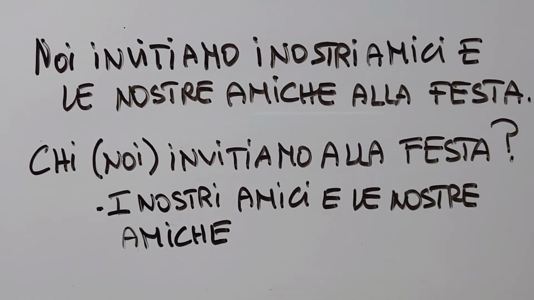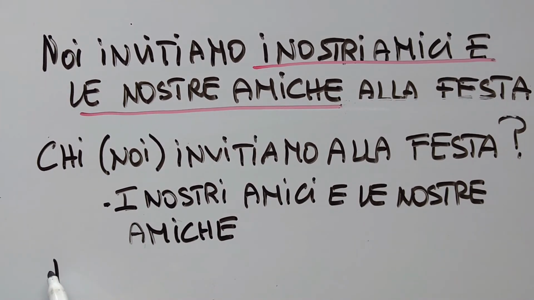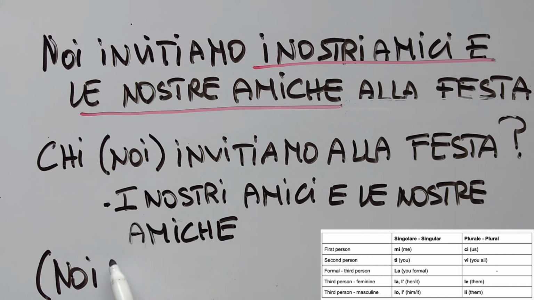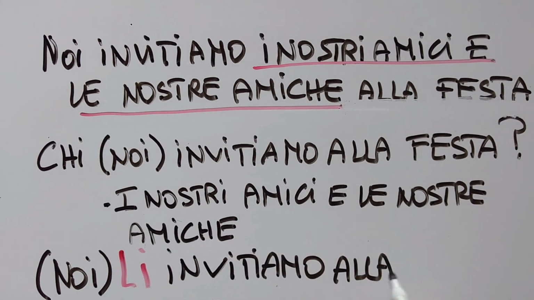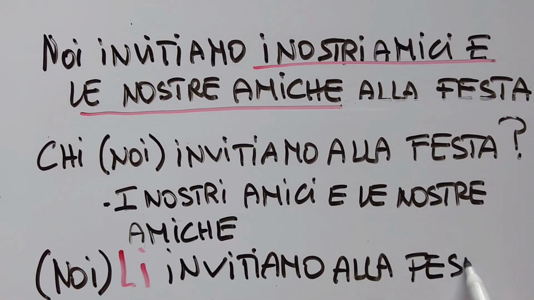Here, in this case, we have two groups of people, and it's a mixed gender, so we have feminine and masculine plural. We'll use the masculine plural pronoun for them, li. Li invitiamo alla festa. We invite them to the party.